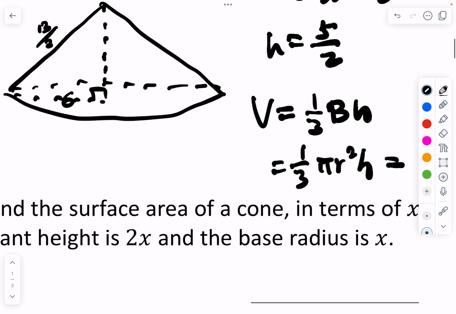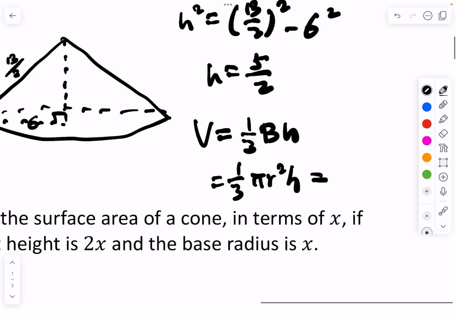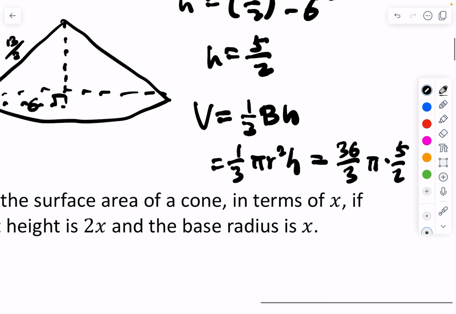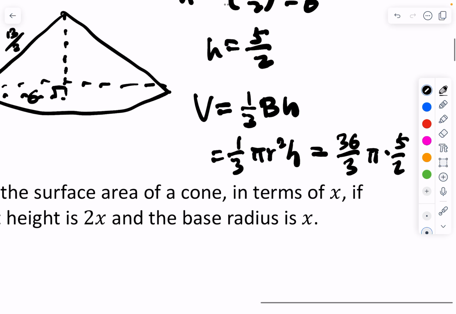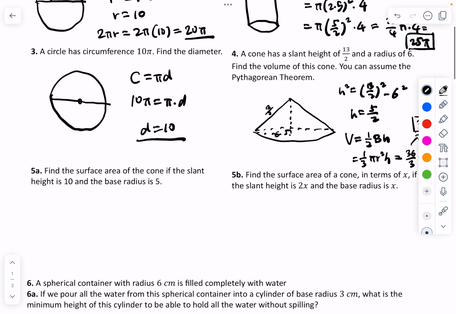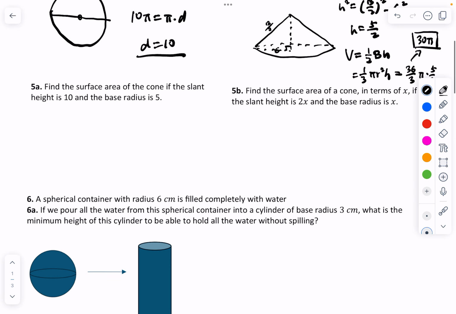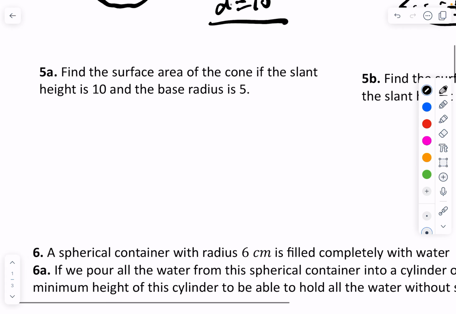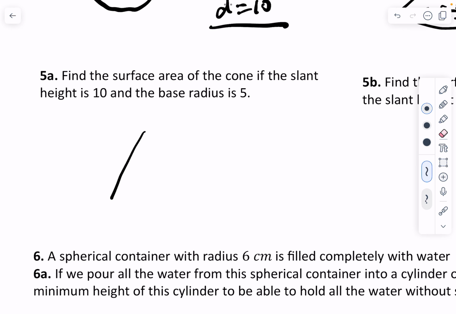And then after all computations, we will get that this is equal to 36/3 pi times h, which is 30 pi. Okay. Now we want to find the surface area of a cone if the slant height is 10 and the base radius is 5.